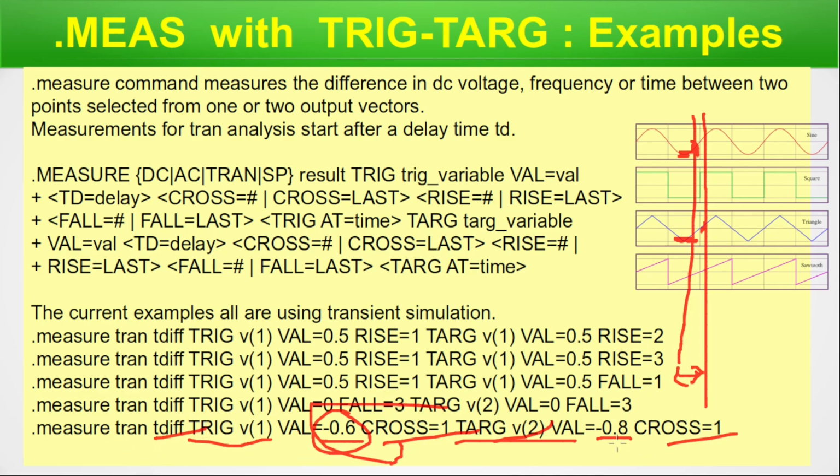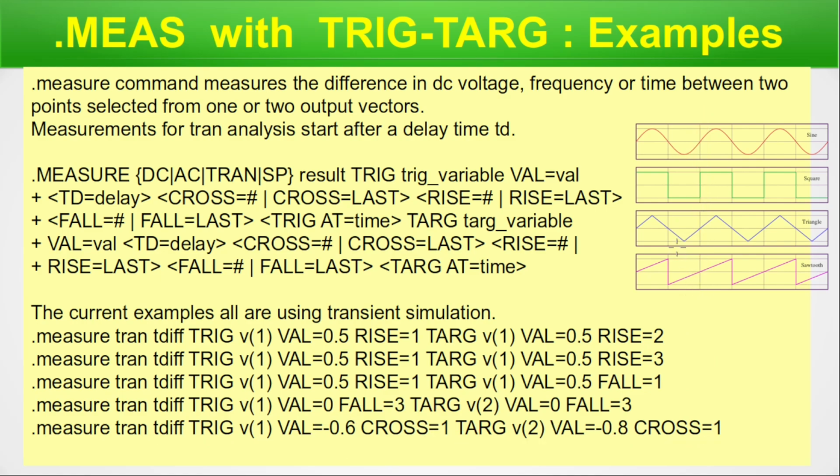Cross means once these values are just crossed, that means these values will be explicit. So let me erase it and you will understand better. So this is something 0.8. So whenever this waveform is crossing this value, just drop a marker at the x-axis, that means the time axis. And here, when it is crossing 0.6, just drop it here. This is the difference that we want to measure.